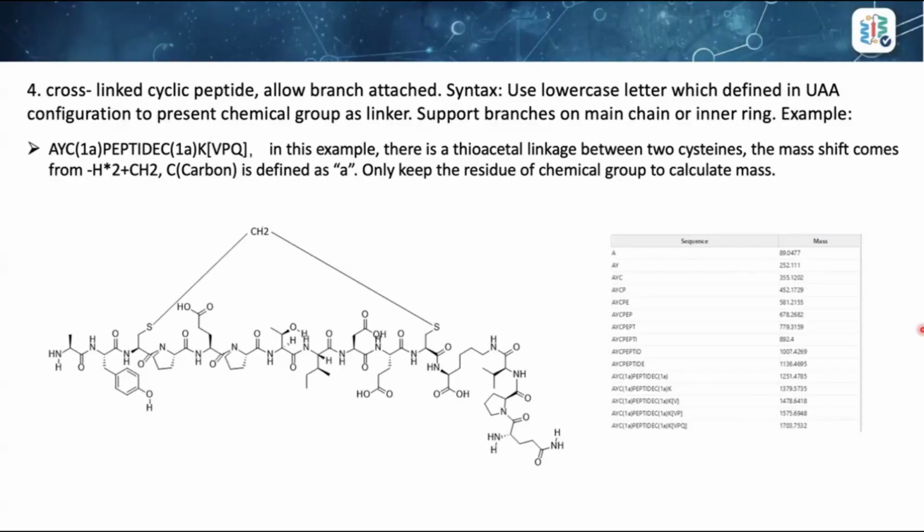This sequence mass list displays prefix subsequences generated through C-terminal cleavage, and all the subsequence lists can be exported as a CSV file. So this tool helps users validate whether the input sequence is correct.